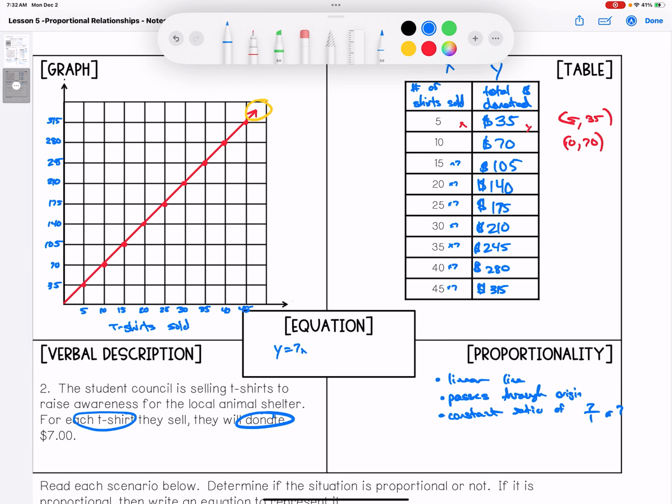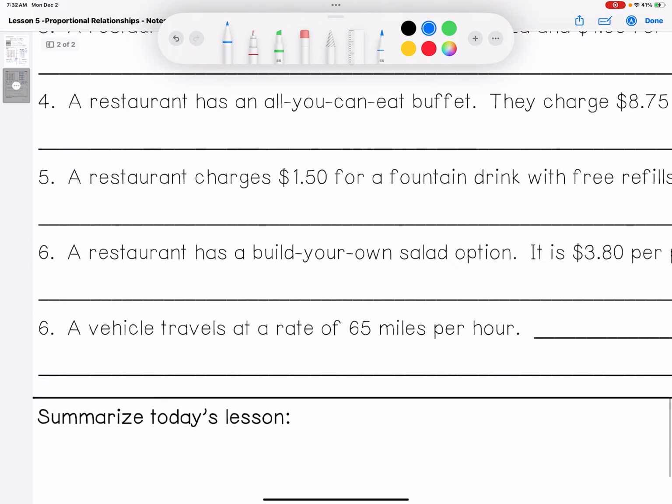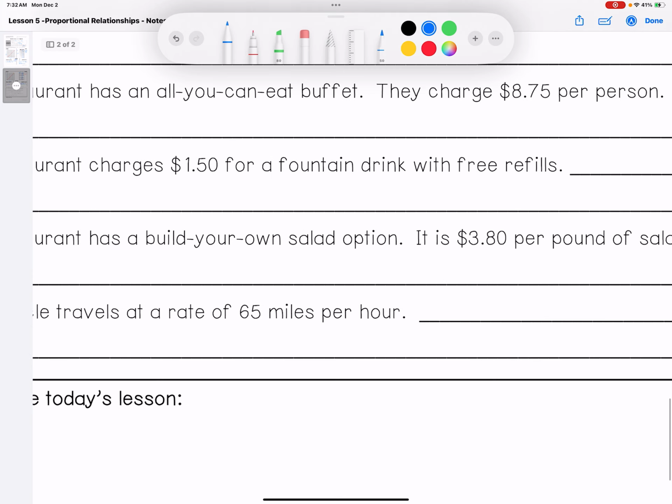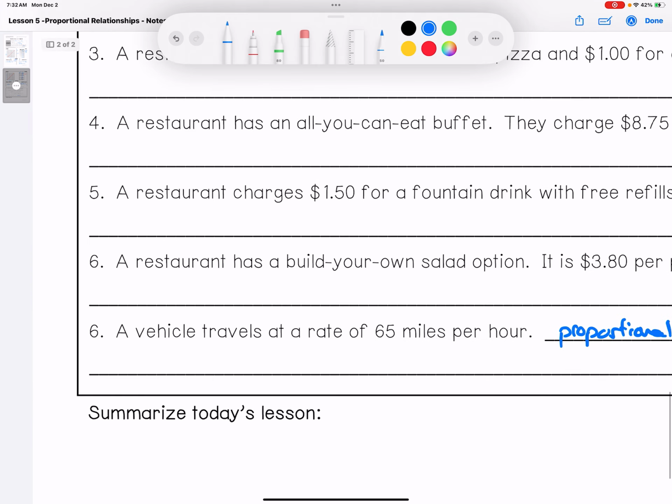So I'll go down to the bottom one. A vehicle travels at a rate of 65 miles per hour. Is that proportional? Do they drive 65 miles every hour? Yes, so that is proportional. It is proportional. So now I need to write an equation. Y equals the rate of change, which is 65X.